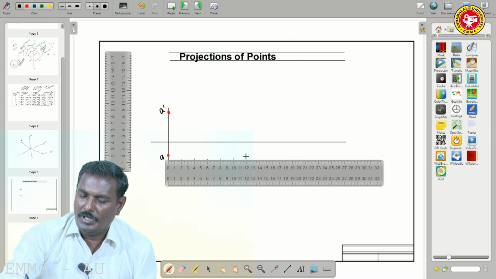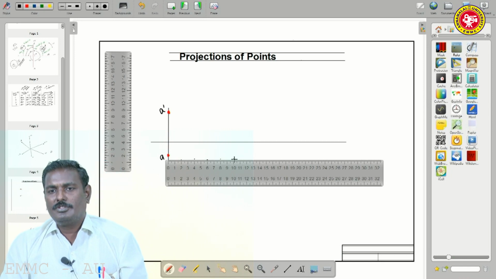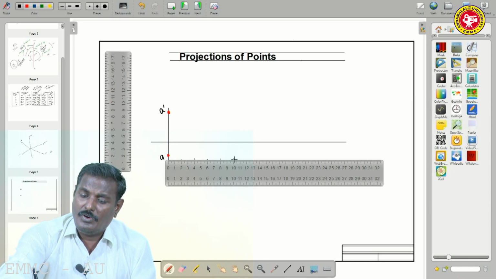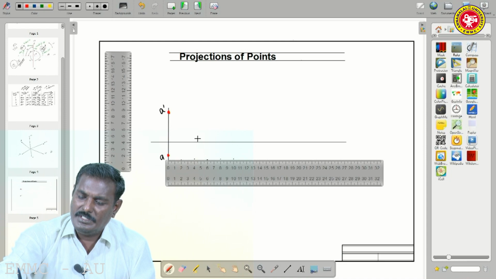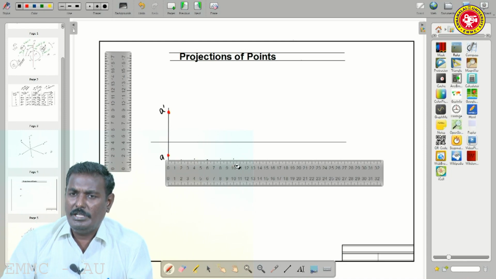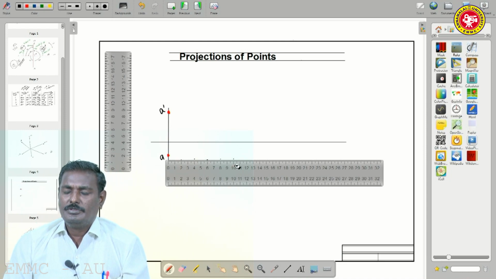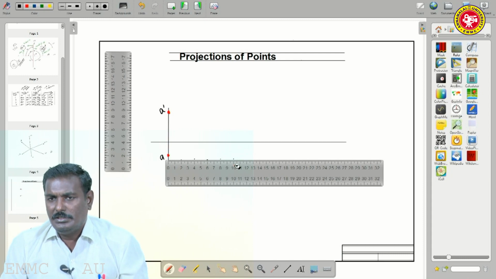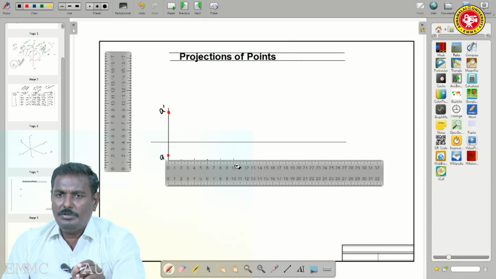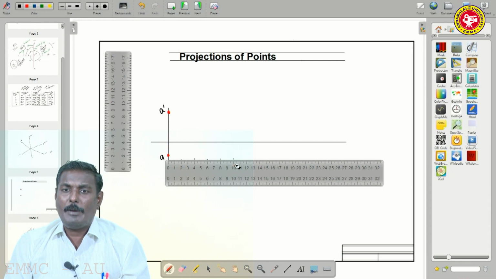We have A, B, C, D, E, F. How many points are required for A, B, C, D, E and F? Only up to F, so 6 points. Up to that you have to mark points 20 mm apart.